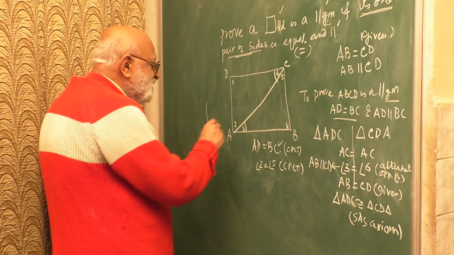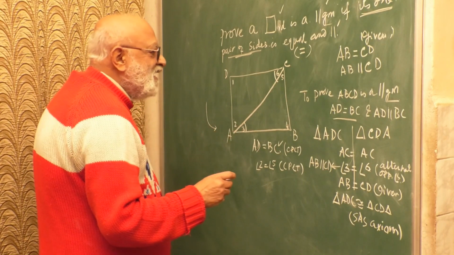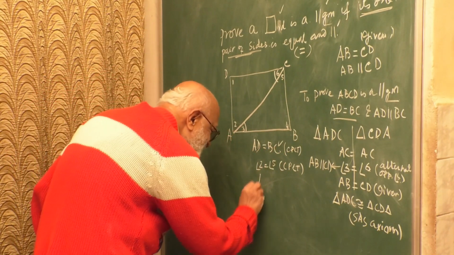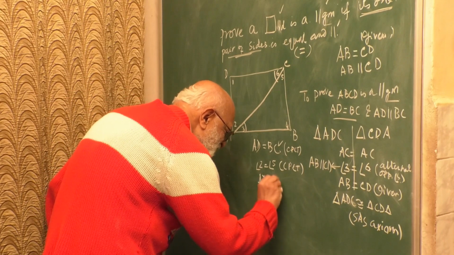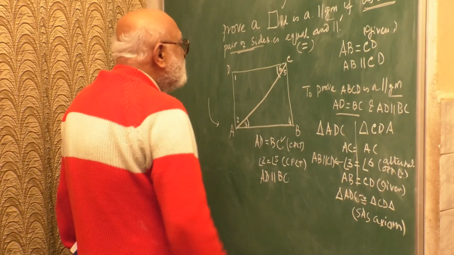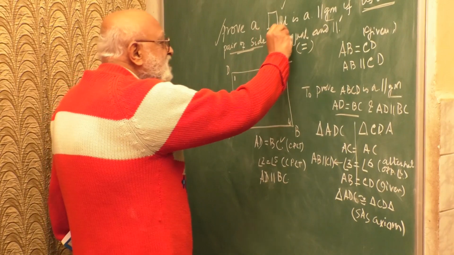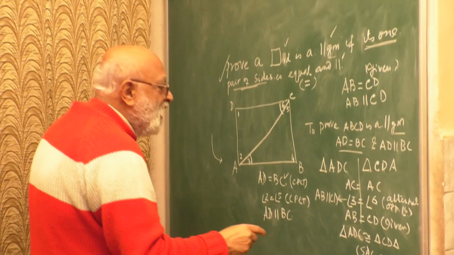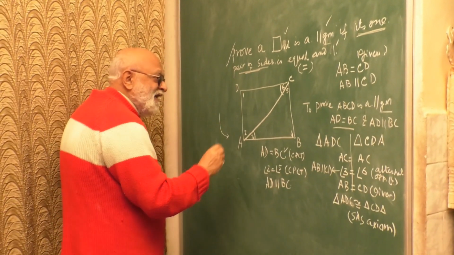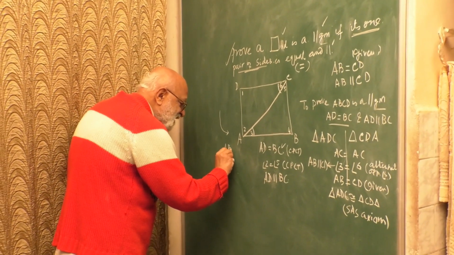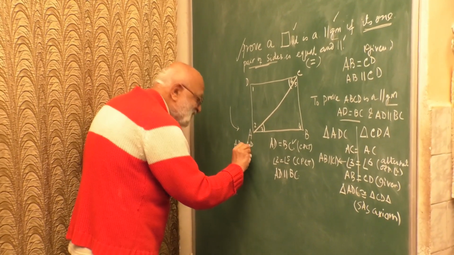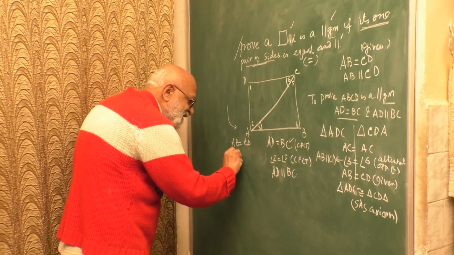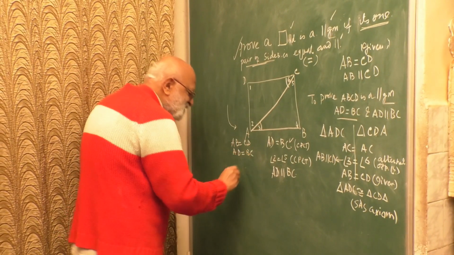If angle 2 is equal to angle 5, then I can easily say that AD is parallel to BC. So this is proven. Prove that a quadrilateral is a parallelogram. So now in this parallelogram, what I have: AB is equal to CD, these are given. And I have proven AD is equal to BC.